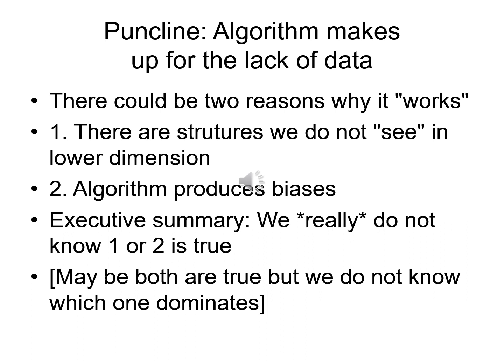To see why that could be a problem, recall what we said about the white Obama problem. That was an example of how these kinds of algorithms can produce these sorts of biases. So the summary of all of that is that we really do not know whether the algorithm is producing some kind of skewed model or is actually picking up some lower dimensional structure that we do not obviously see.